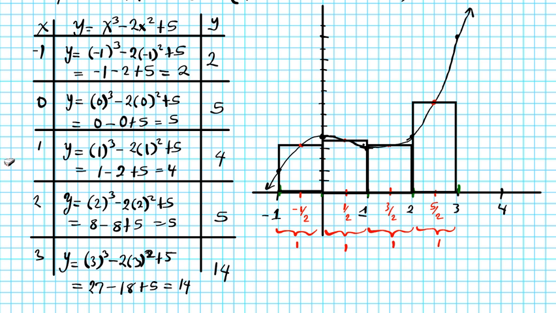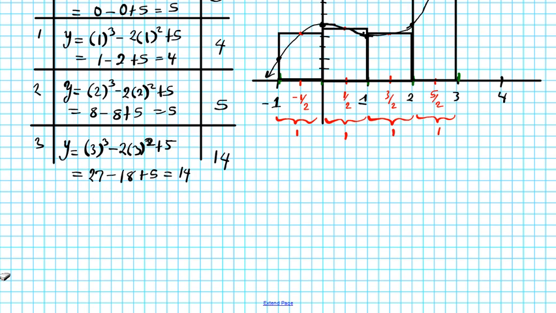Okay. So let me write it in equation form for you. The midpoint rectangular approximation is going to be 1 times f of negative 1/2. This is the area of rectangle number 1. Plus 1 times f of 1/2, the next rectangle.